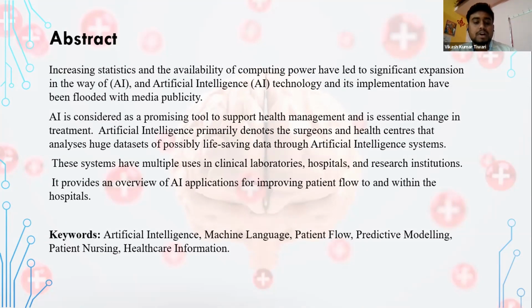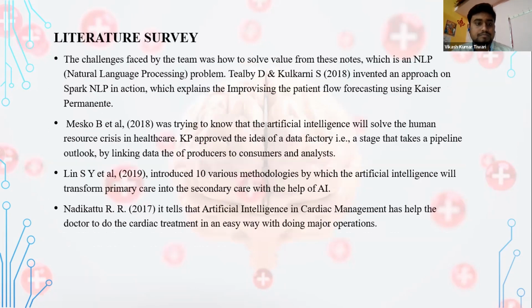Here is the abstract, in which I have told that in this paper, I am working basically on artificial intelligence and how artificial intelligence is increasing day by day, and how we need the use of artificial intelligence in our daily life. About those things I have talked in this paper. Some of the keywords I have mentioned here are artificial intelligence, machine learning, patient flow, patient nursing, healthcare informations. Here is some of the literature survey which I have mentioned here. About that I will tell you later.